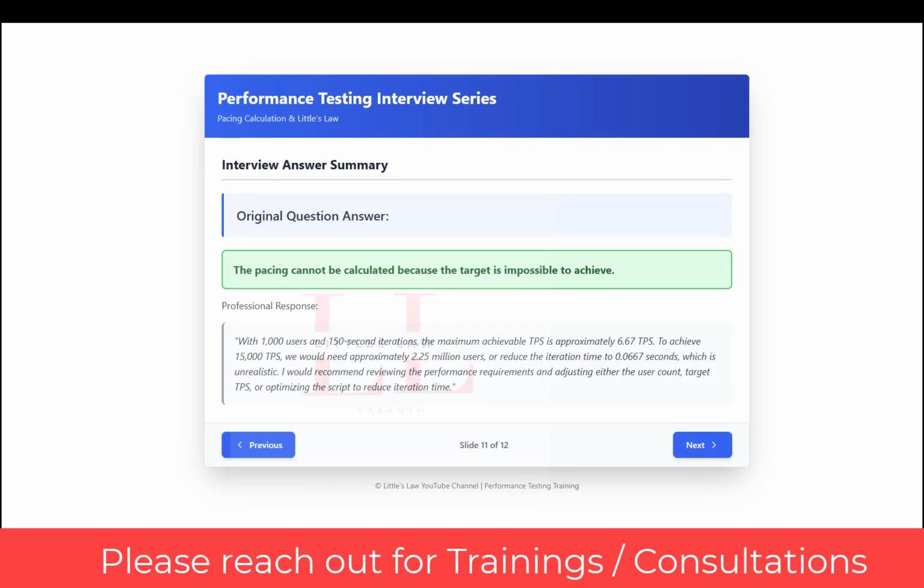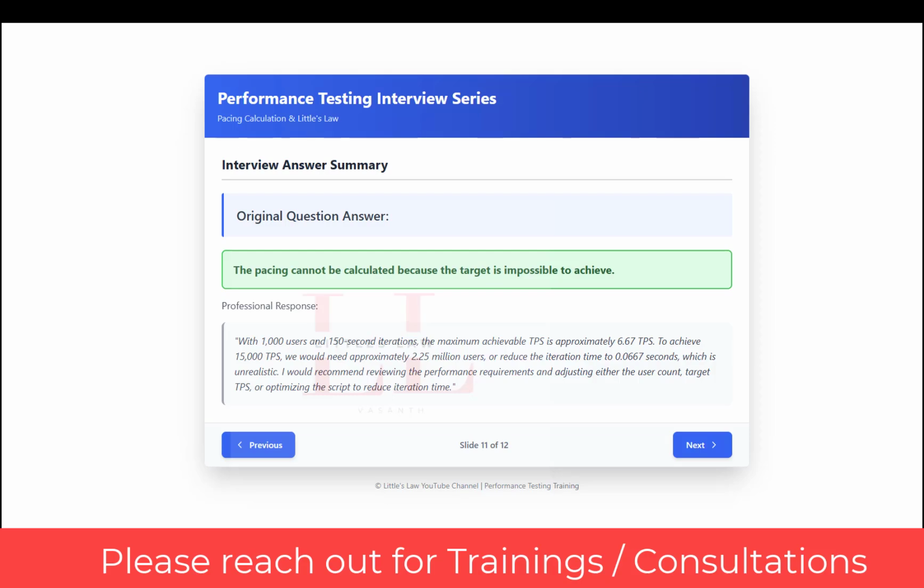So the interview answer summary here: let me quickly go back to the original question, and how you should answer this in an interview. The question was, calculate the pacing to achieve 15,000 TPS with 1000 users and 150-second iterations, right? Your answer should be: the pacing cannot be calculated because the target is impossible to achieve.